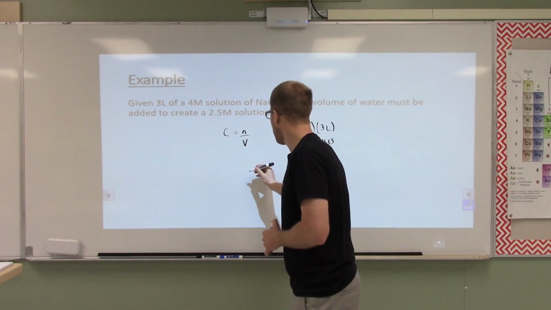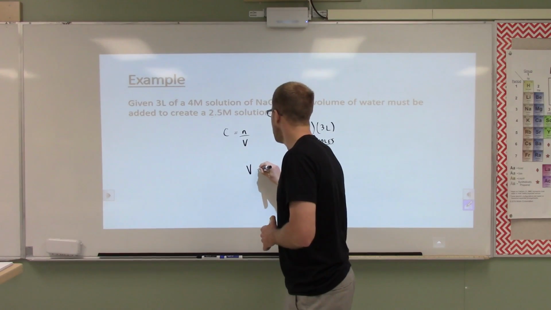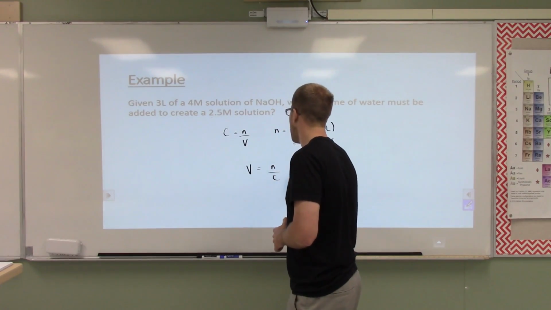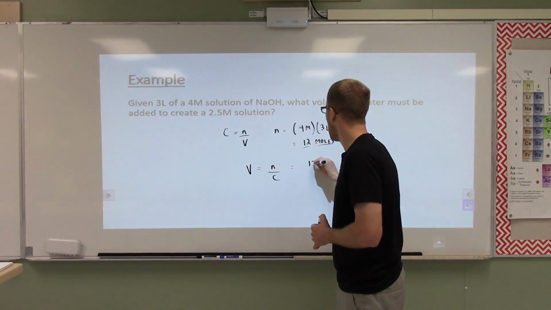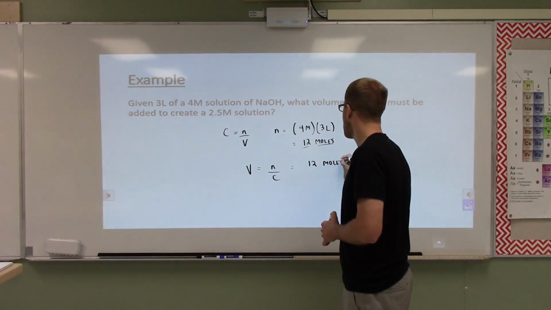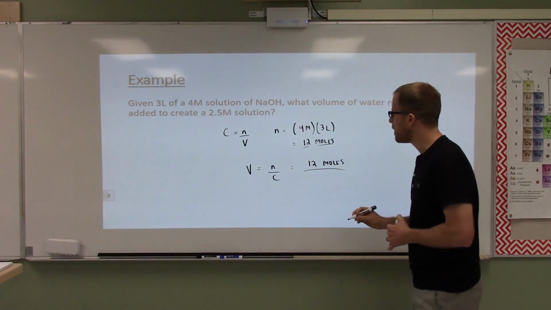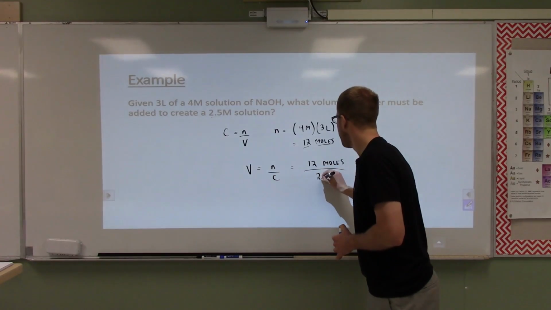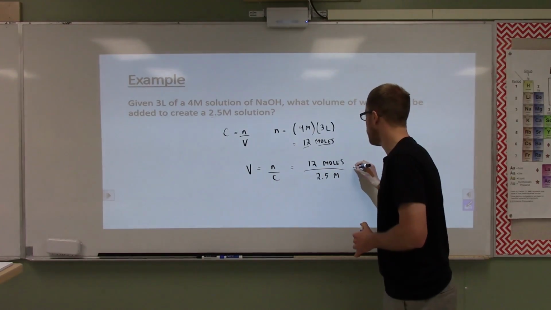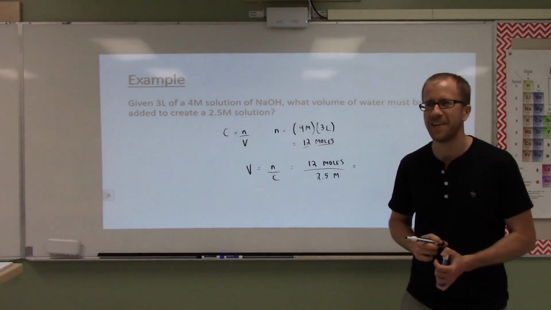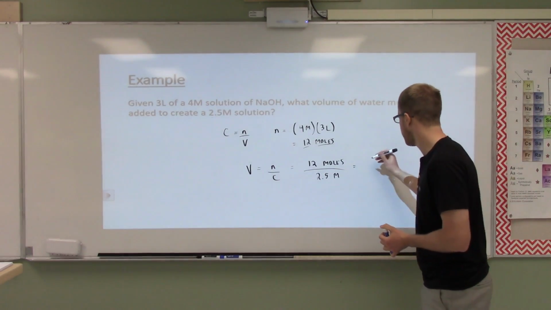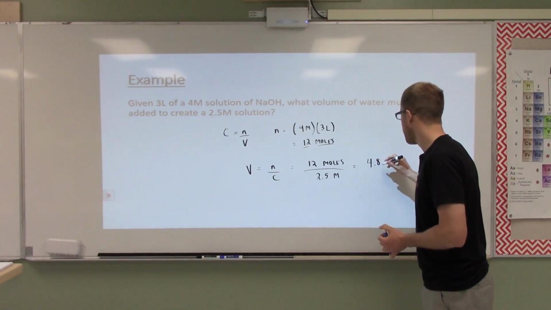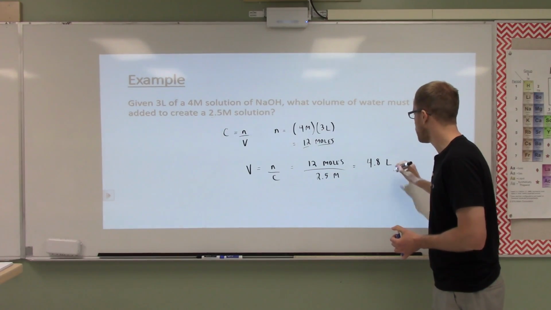If I solve for V here, our volume is equal to our number of moles divided by our concentration, which is going to be 12 moles divided by our concentration of 2.5 molar. I chose easier numbers. That's 4.8-ish liters.